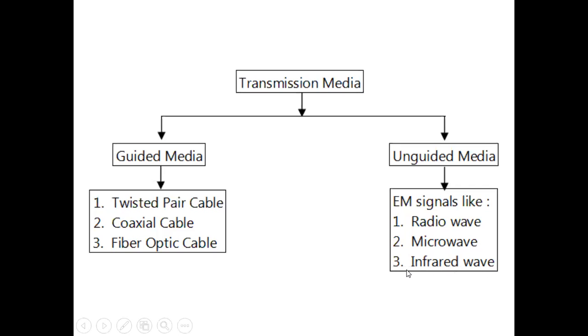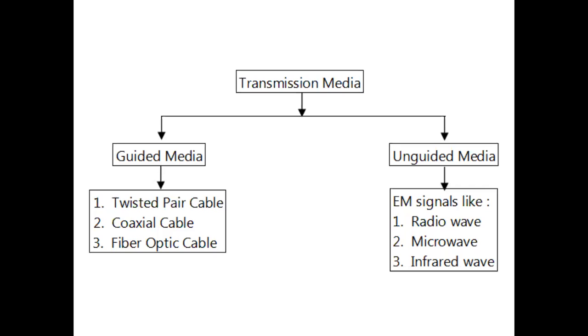Different equipment like printers, scanners and other things can be directly controlled with the help of an infrared controller. Microwave and radio are normally used for Wi-Fi communication, Bluetooth communication, and the different wireless data communication technologies which are in existence. So they normally use unguided media.